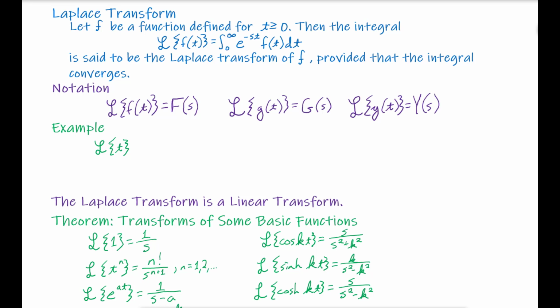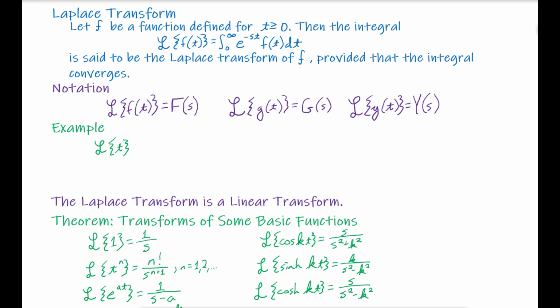And that's provided that the integral converges. What we mean by that is that we get some value for our integral. We don't get infinity, we don't get negative infinity, and we don't end up in a does not exist category. So the kernel of the Laplace transform is e to the negative st.